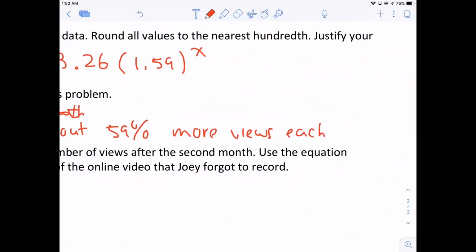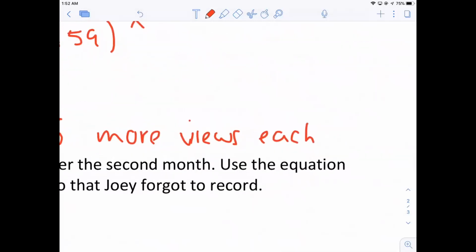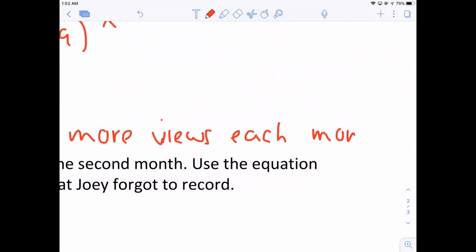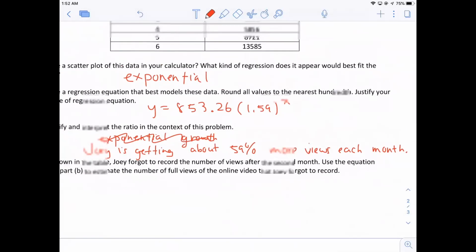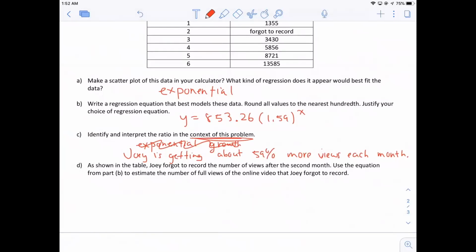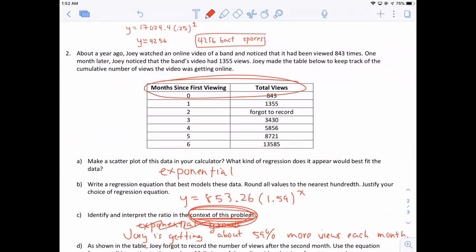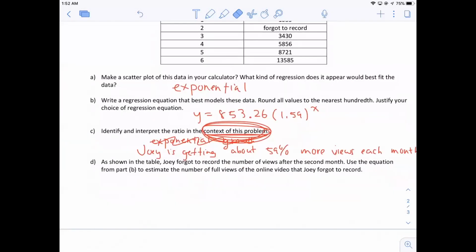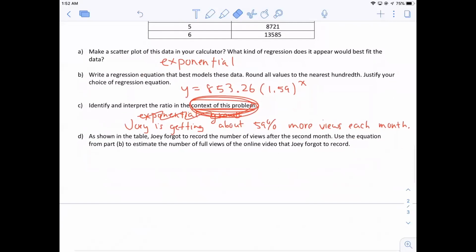Try not to say, or just don't say it's a 59% growth. We gotta answer in context of this problem, so make sure you're mentioning views, you're mentioning months, you're mentioning these variables. That's really all you gotta do when it says in context. Just mention whatever the variables are. So Joey is getting about 59% more views each month.